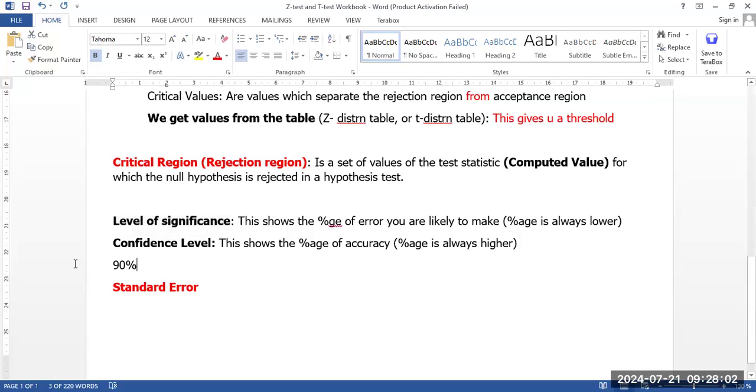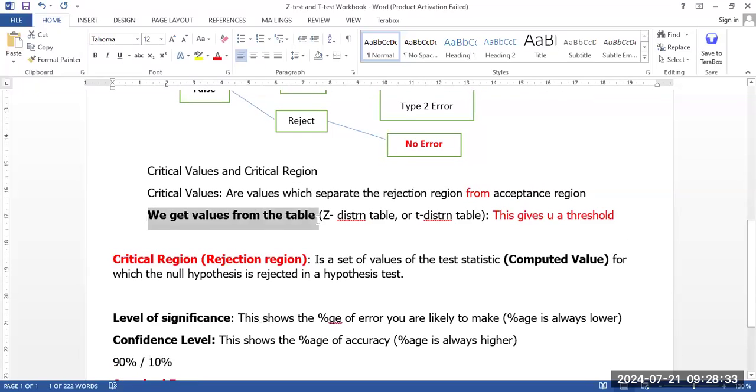If you are given 90%, then the level of significance will be 10. So going forward, I will be focusing on 10 because I want to read the value from the table, this value. I want to get the threshold.